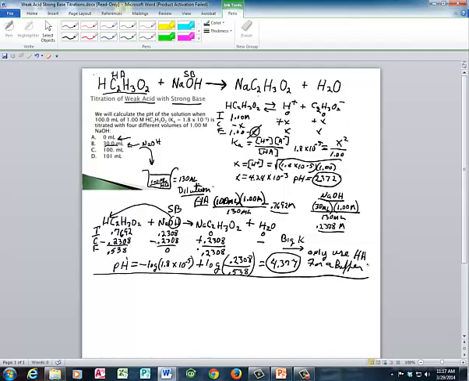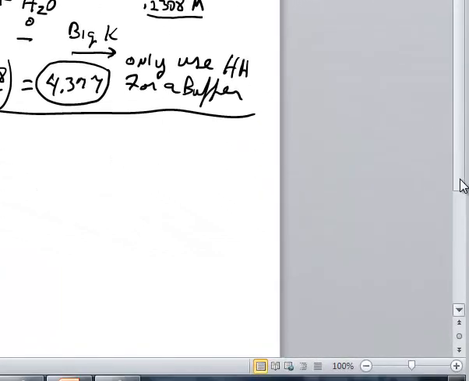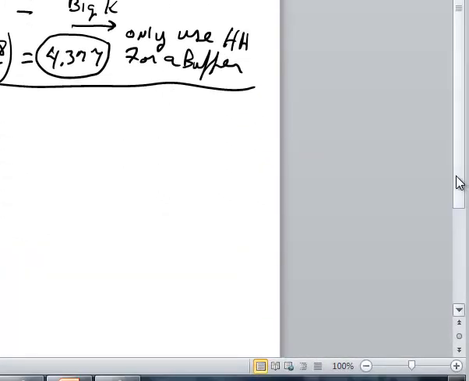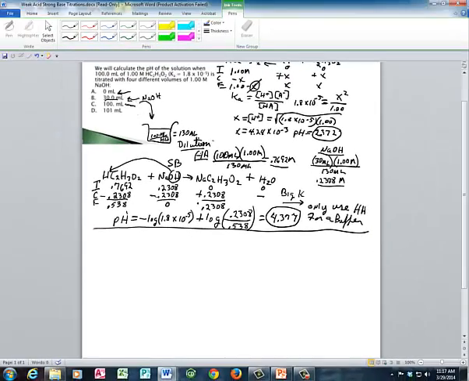Okay, so let's go a little bit further. Let's titrate to a very special place called the equivalence point. So how do I know I'm going to the equivalence point? I'm going to add 100 milliliters of sodium hydroxide to my acetic acid solution.